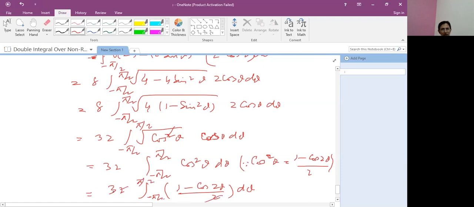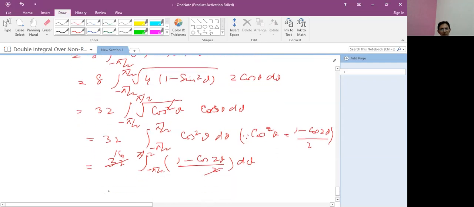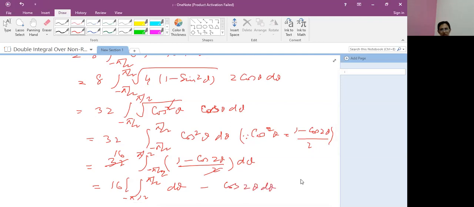2 divided by 32, it means 16 in the next step. So it means 16 minus pi by 2 to plus pi by 2. 1 multiplying by d theta, it means d theta, and minus cos 2 theta into d theta. The integral from minus pi by 2 to pi by 2.